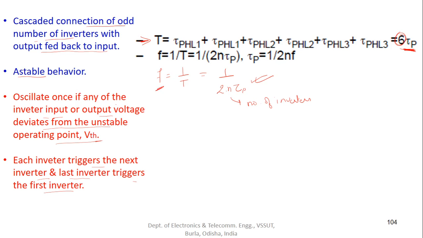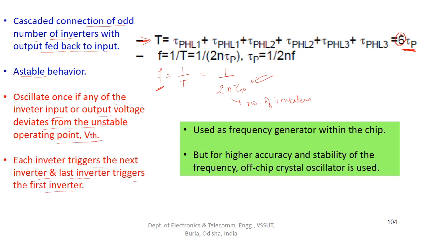So this was a small topic just to go through. Remember that these ring oscillators are used to generate some sort of frequency signals within the chip, but they do not provide very high accuracy or very stable signals.